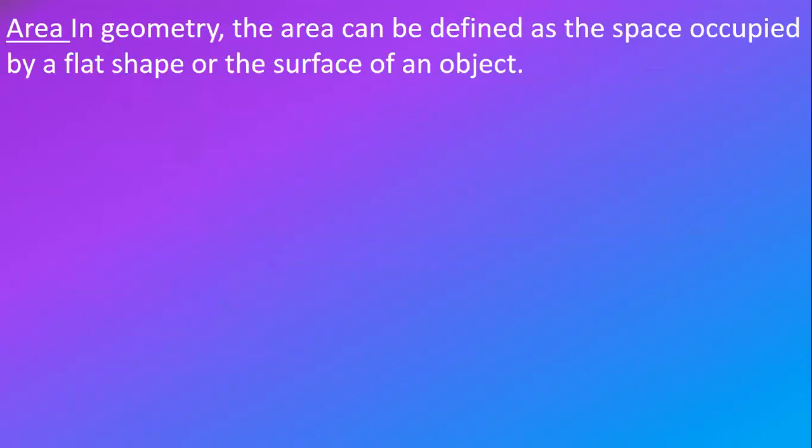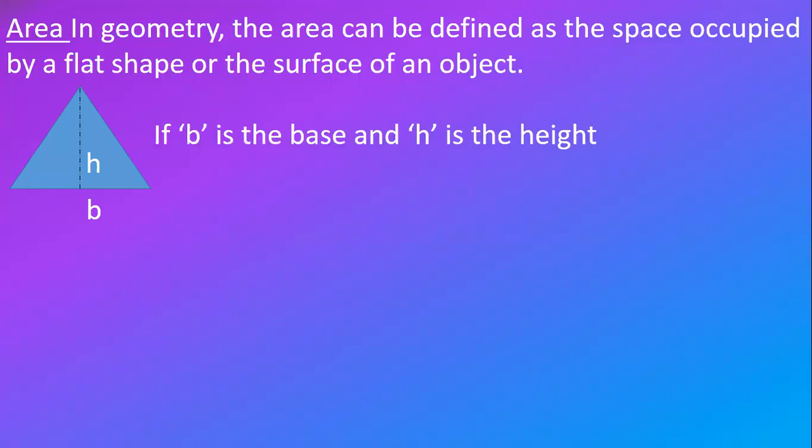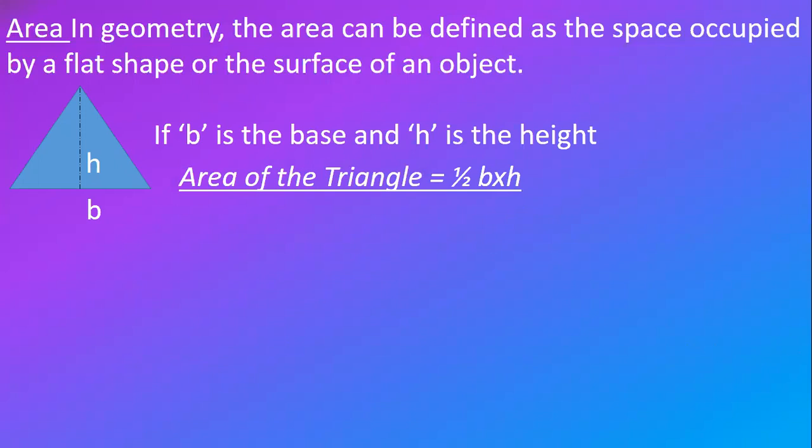Now moving on to the next part, that is area. Area can be defined as the space occupied by a flat shape or the surface of an object. Let us consider a triangle of height h and base b. So the area of the triangle can be expressed as half b into h, where b is the base and h is the height of the given triangle.